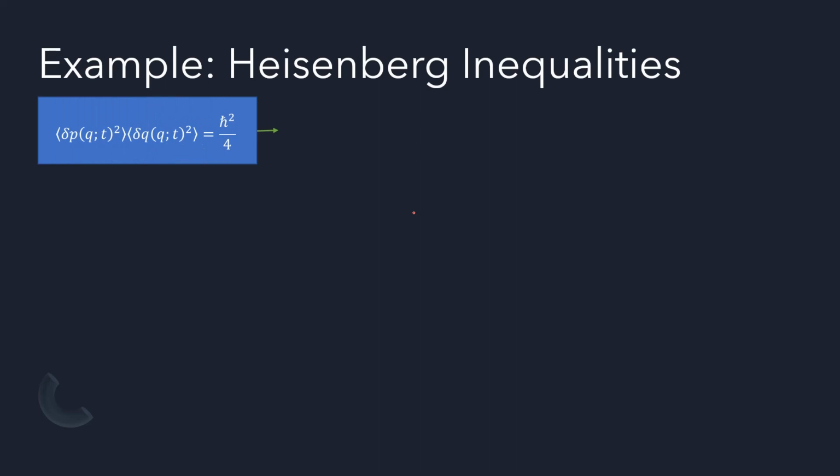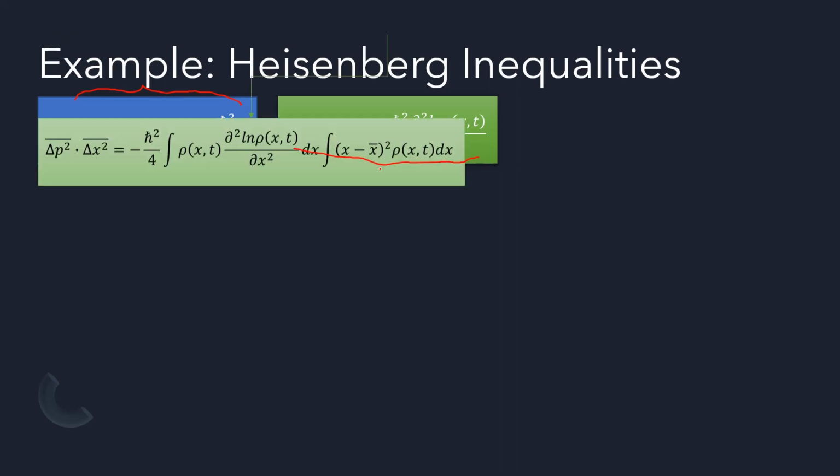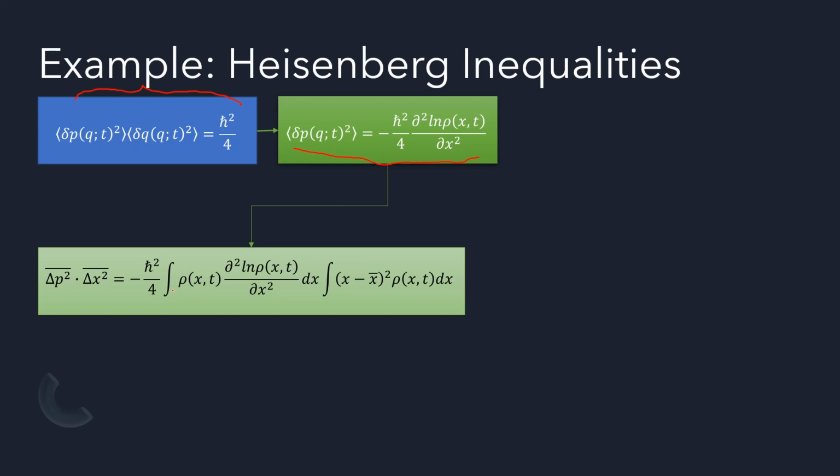The axiom was presented in this way, and we can now use the relation that we have found for the momentum fluctuation to calculate the Heisenberg relation. Of course, this Heisenberg relation here is just the integral of this term over configuration space, and also this one, which is related to this term here.